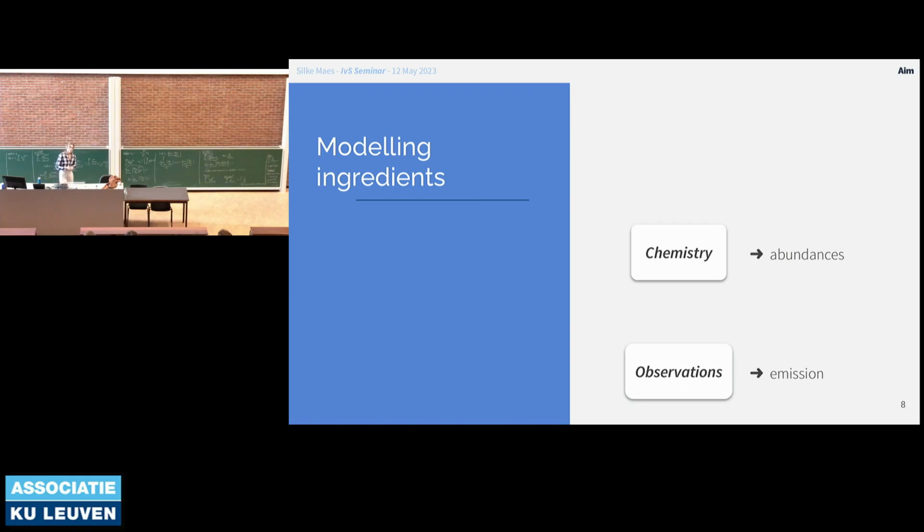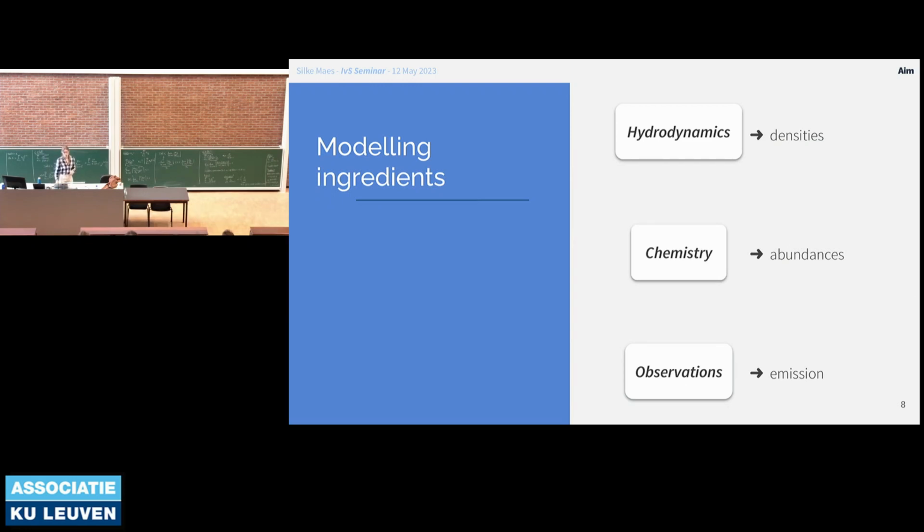But the chemistry also depends heavily on the physical background, so what's happening with the densities and the temperature. To model that correctly, we need accurate hydrodynamics, so that we get densities and temperature, from which we can know what the chemistry will do, and in the next step convert that again to observations.